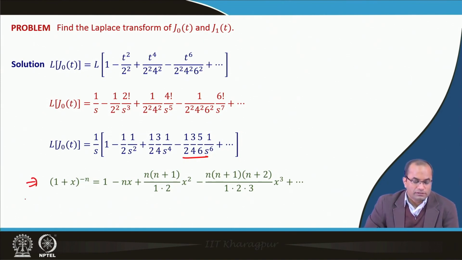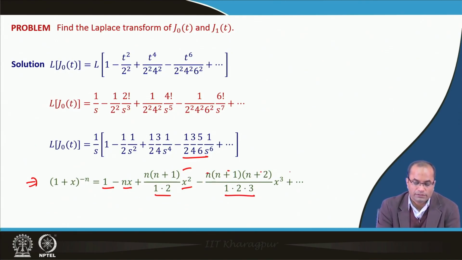So, taking note of the binomial expansion, (1 plus x) to the power minus n is 1 minus n x, plus n(n plus 1) over factorial 2 x squared, plus n(n plus 1)(n plus 2) over 1 times 2 times 3 x cubed. Taking note of this, if we take n equal to half, we will precisely get this, because here we have this half which is matching.